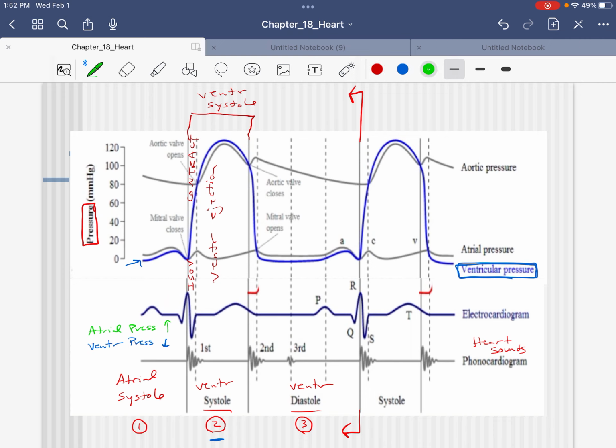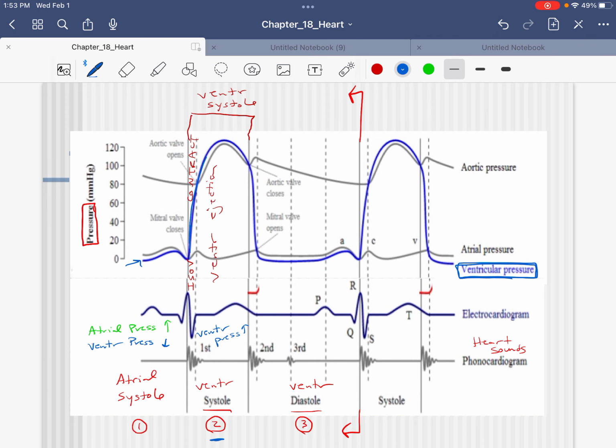So when we have ventricular systole, what's happening? We're going to begin to lower the volume of the ventricles. When we lower the volume of the ventricles, what happens to the pressure? So now the pressure goes up. And I just want to point out how much it goes up.